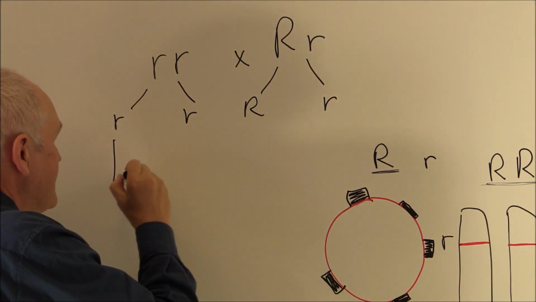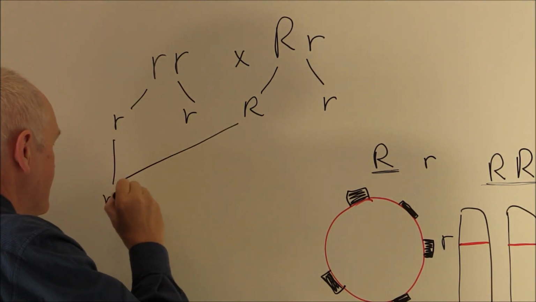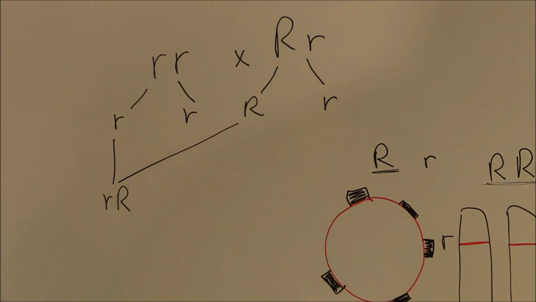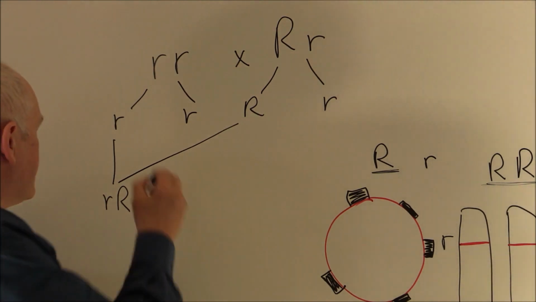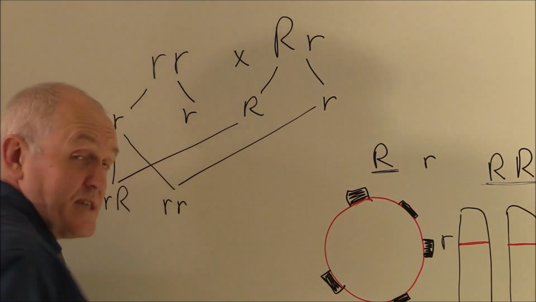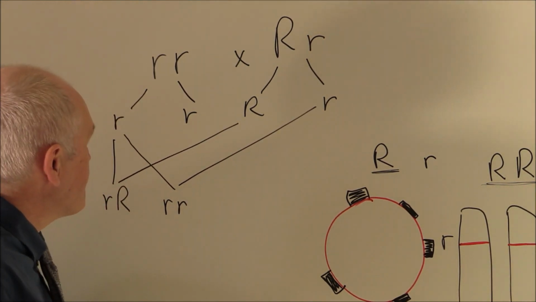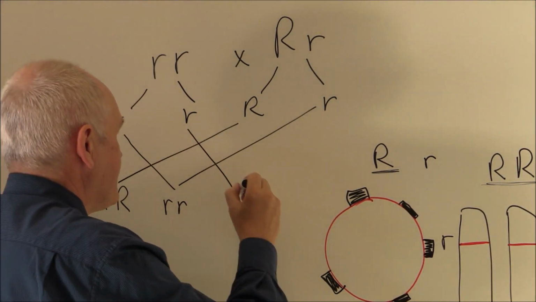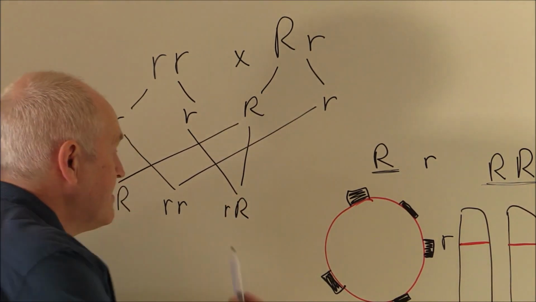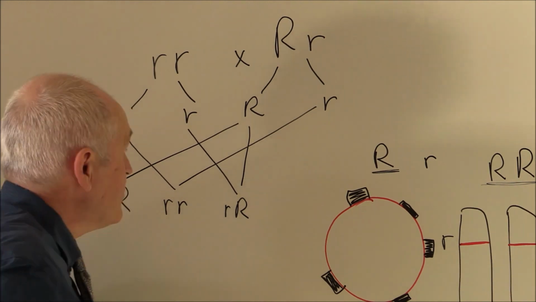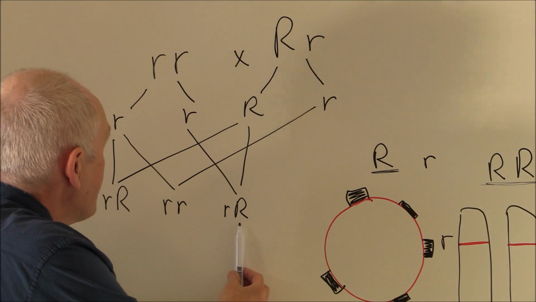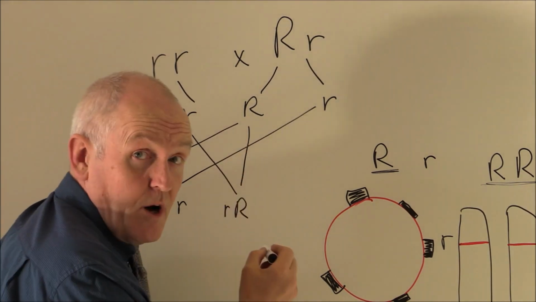So one possibility is that combining with that, and that will give us a rhesus positive fetus. Alternatively, that could combine with that one, and that will give us a rhesus negative fetus. Alternatively, it could be that one with that one, resulting in a rhesus positive fetus, because there is one copy of the rhesus gene present, which of course is dominant.